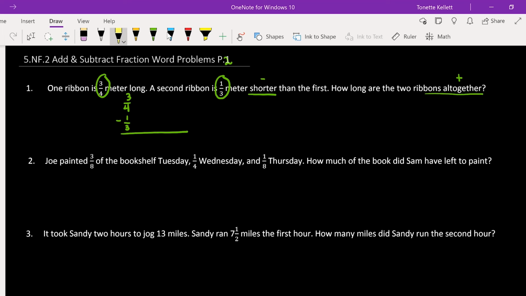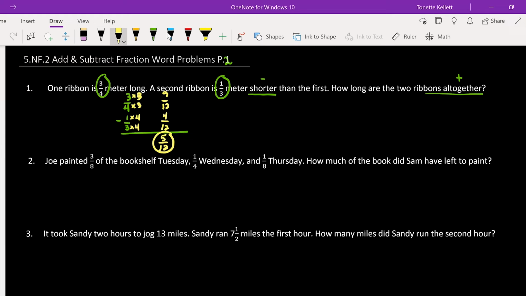So we'll keep a 12. 3 times 4. Whatever you do to the denominator, you do to the numerator. 1 times 4 is 4. 4 times 3 is 12. 3 times 3 is 9. Subtract these two, you get 5/12.